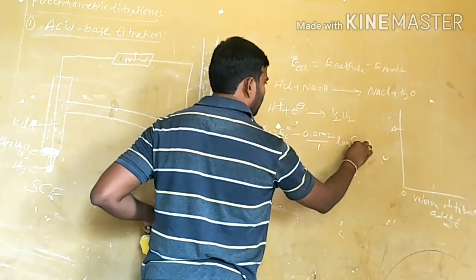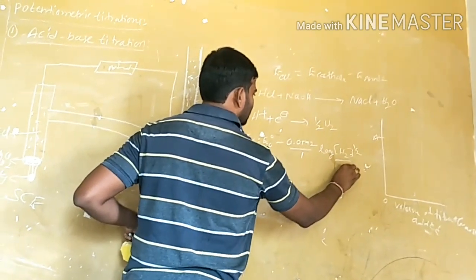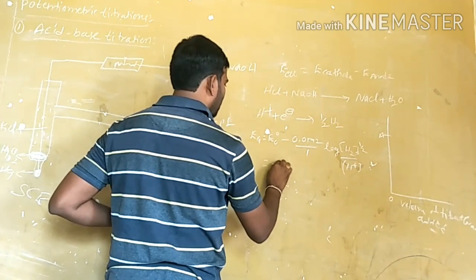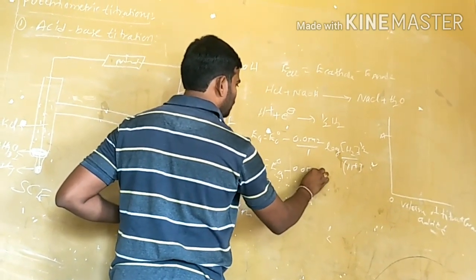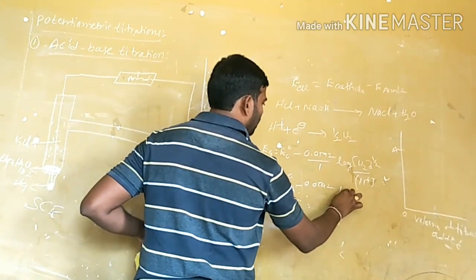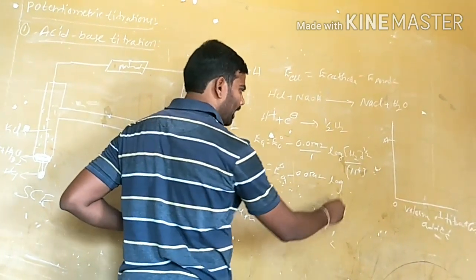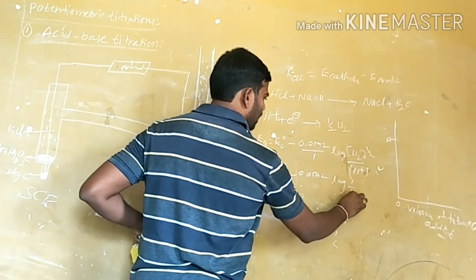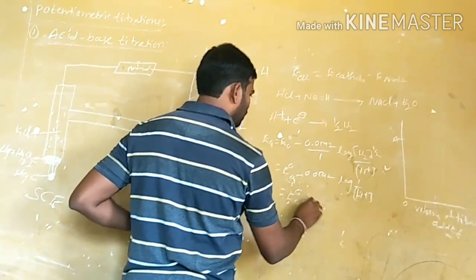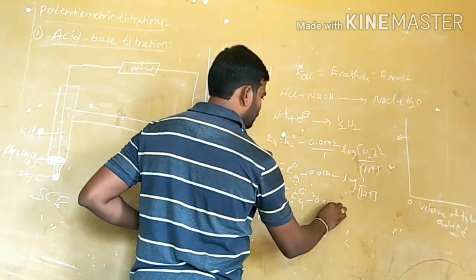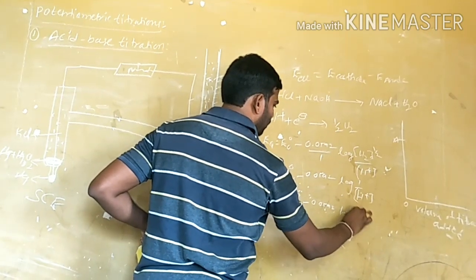The product is H2, and the reactant is H plus. Here E naught Q minus 0.0592 log, pure gas concentration we are taking as unity activity. That's why 1 by H plus.